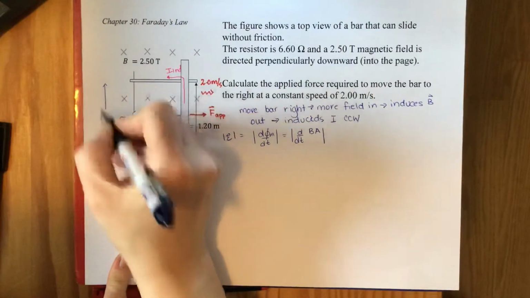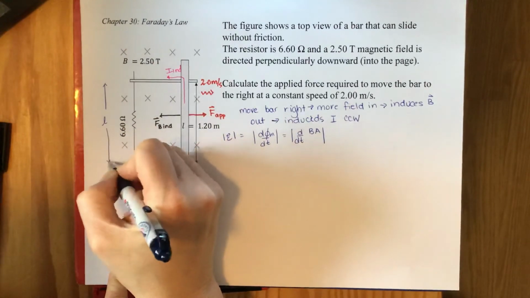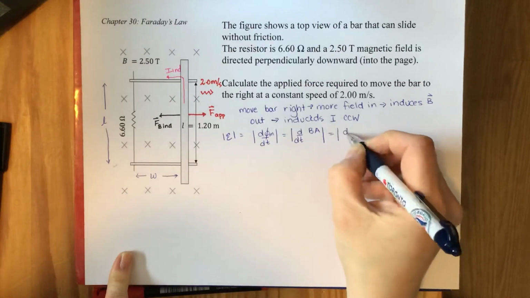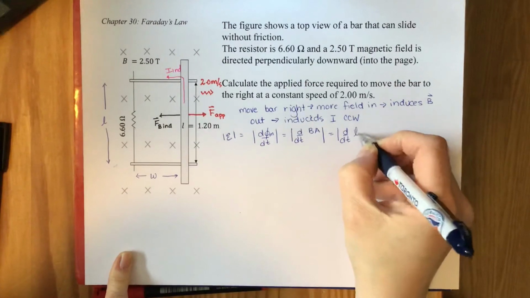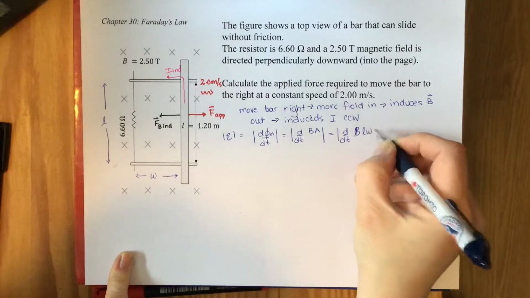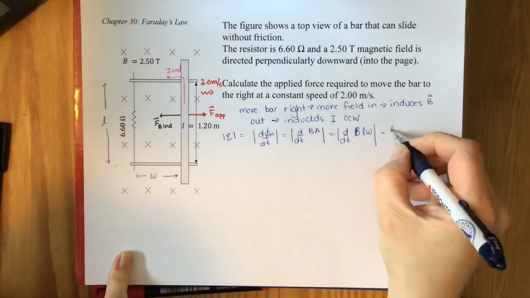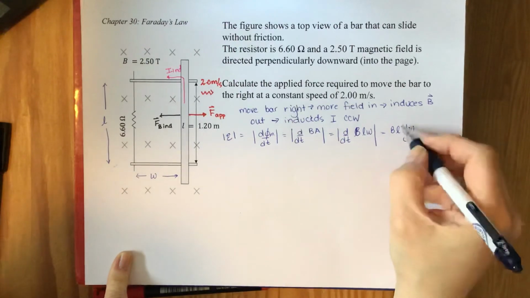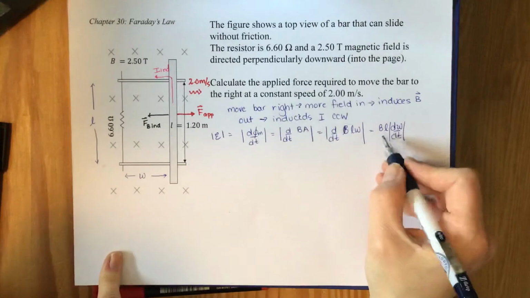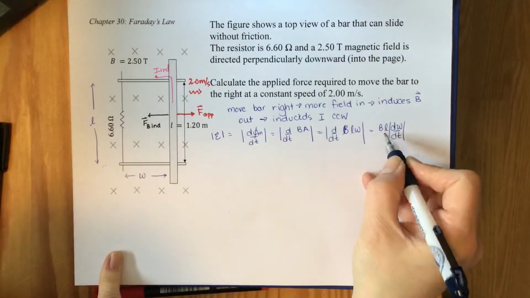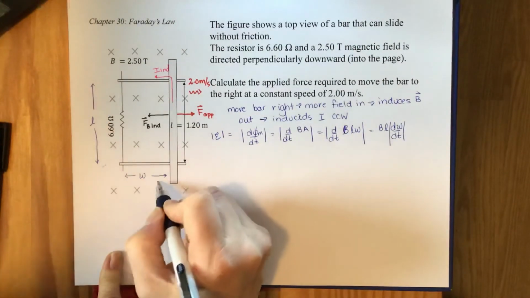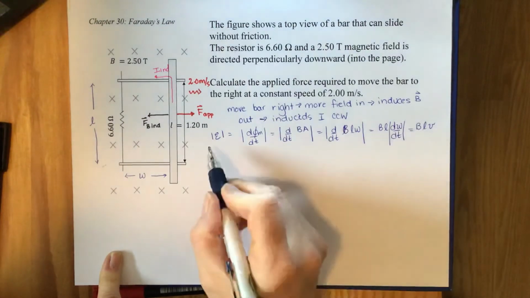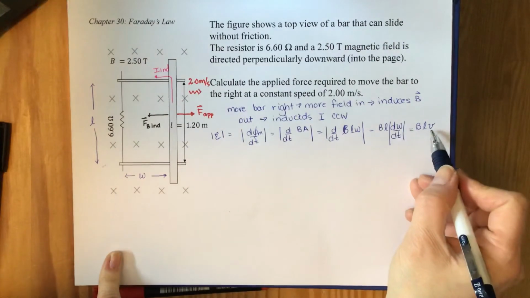If from here to here is the length, and here to here is the width, then the area is length times width. Take our constants out front, B and L, dW/dt, absolute value. So the induced potential is the field times the length times the change in position with respect to time. That's the speed v, BLv. So the size of the induced potential is B times L times v.